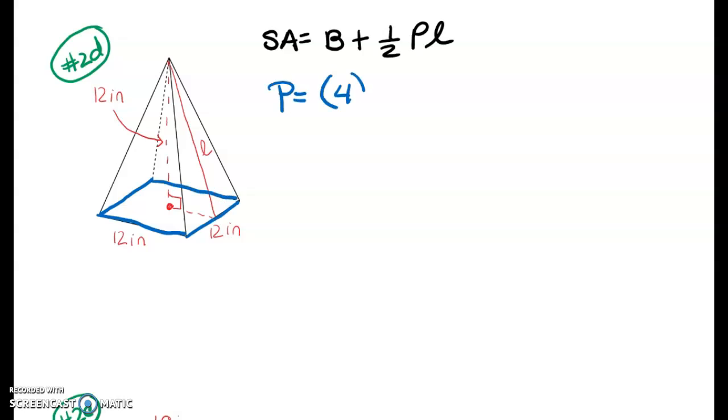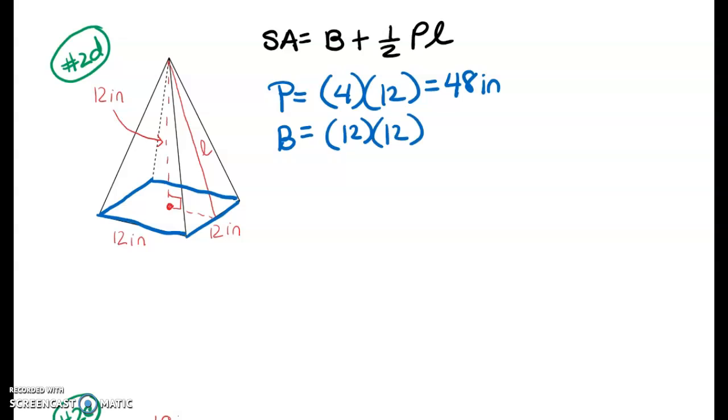We have 4 sides, and each side is 12 inches. So our perimeter is 48 inches. And then the area of our base is side squared, or length times width, or base times height. So it's 12 times 12, 144 inches squared. But we don't have our slant height.